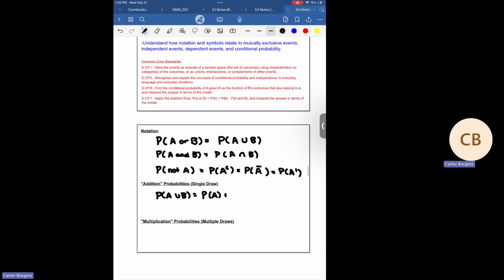Yeah. Okay. And then what is our probability for multiplication for A and B?